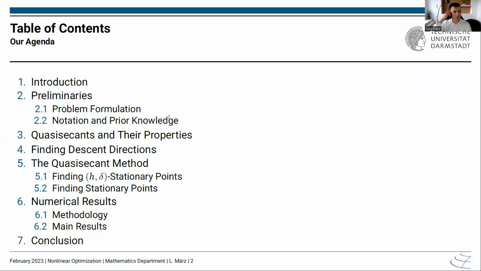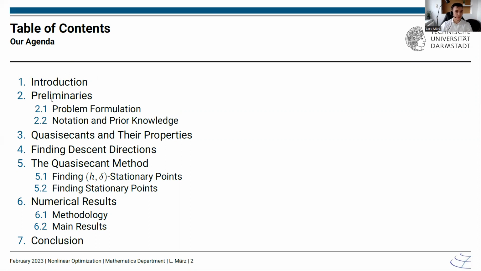So this will be today's agenda. We will start with a short introduction of the literature regarding this topic. Then we will discuss some preliminaries which are necessary to understand the basic mathematics behind this method.